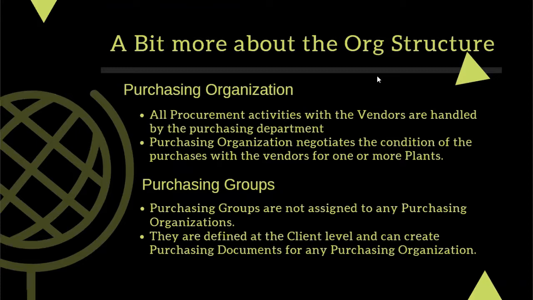Purchasing organization is responsible for the negotiations that are carried out with the vendors for one or more plants. Coming to the purchasing group, as said before, purchasing groups are not assigned to any purchasing organization. They're defined at the client level and can create purchasing documents for any purchasing organization.